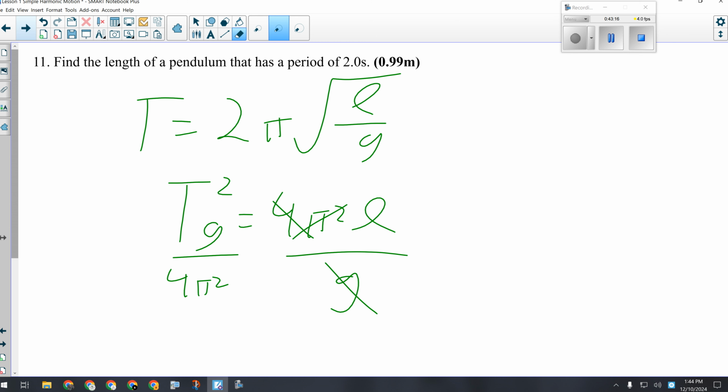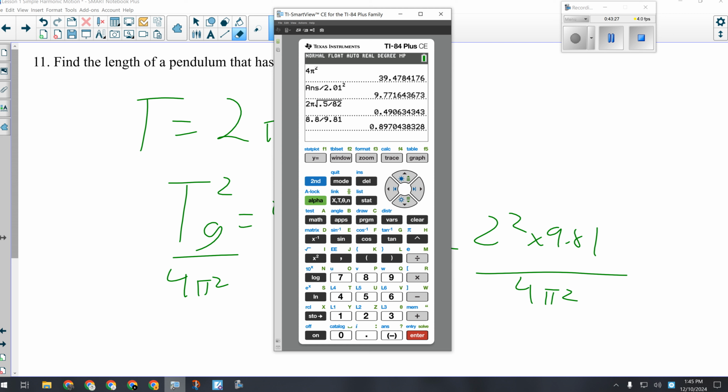That should leave us with L. So 2 squared times 9.81 divided by 4 pi squared. So 4 times 9.81, divided by 4 pi squared. 0.99. Did you bracket top and bottom? Or you forgot to square something somewhere in there.